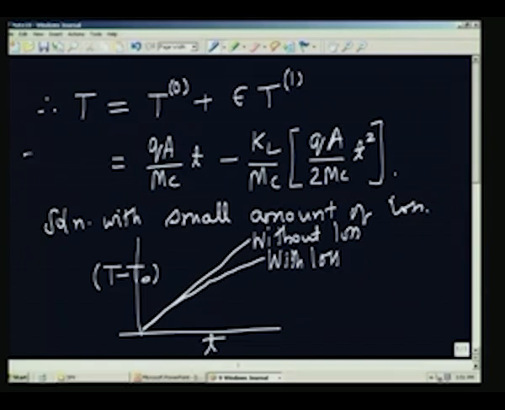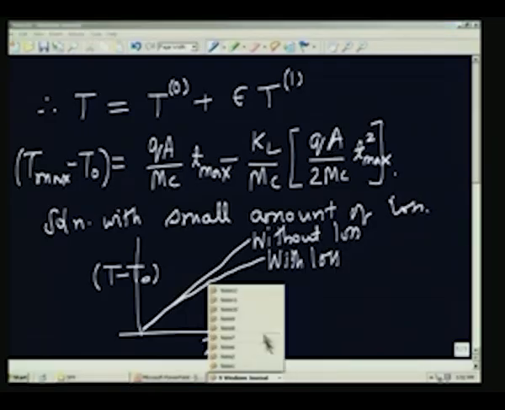So, this will be T max minus T naught, equal to this, and that means T equal to T max, and this will also be T max. So, all I have to do is to substitute the values for T max minus T naught which is given, QA by MC which was calculated, KL by MC which is calculated, and then work it out. So, we will do that.